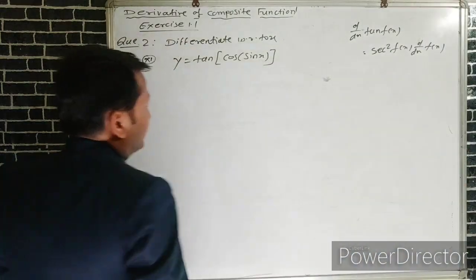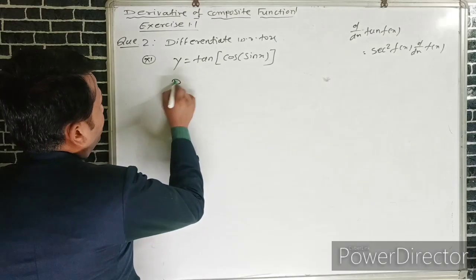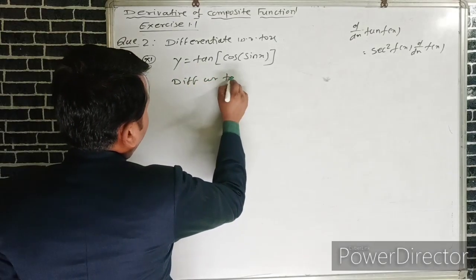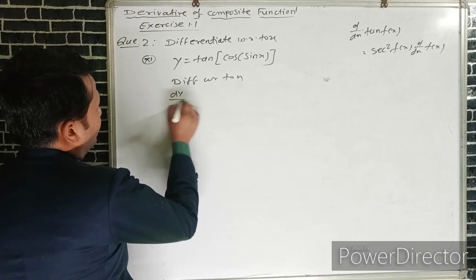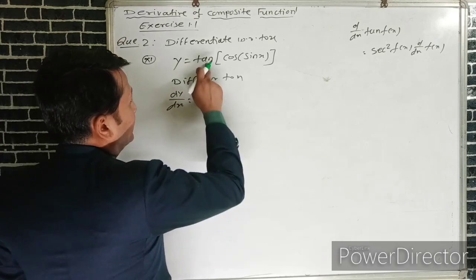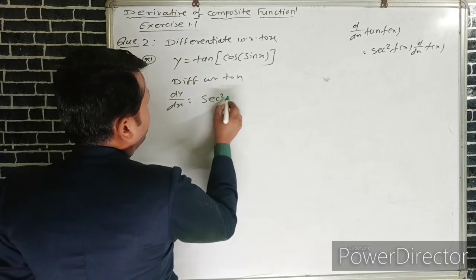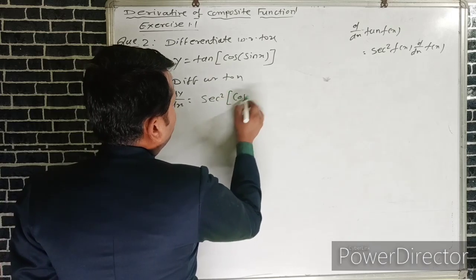After applying this form, we differentiate with respect to x. The derivative of y is dy by dx. The derivative of tan is sec square into cos of sin x.